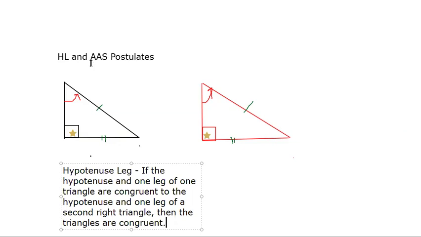Now, the last postulate we're going to cover is not only for right triangles, it's for any triangle, and it is called the angle-angle side postulate.